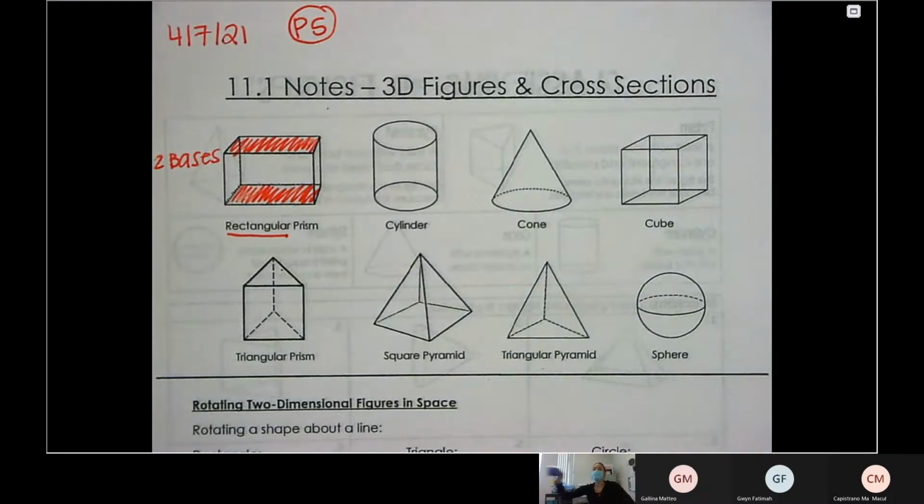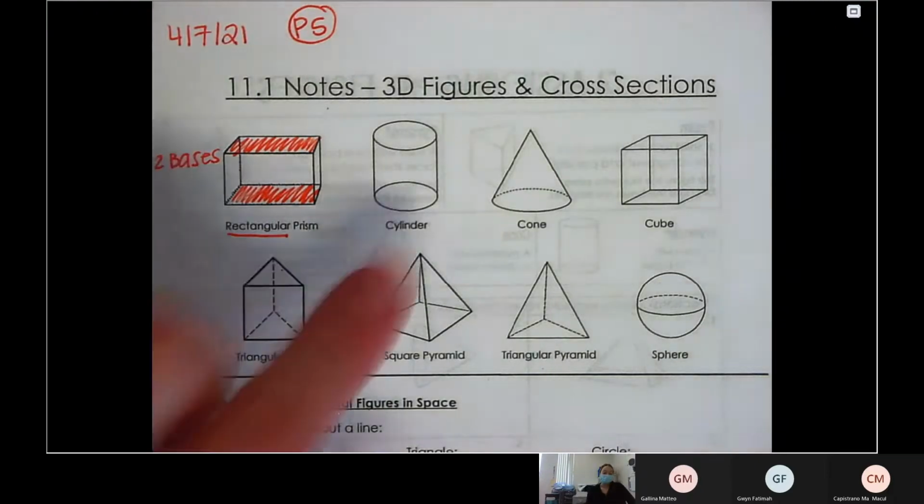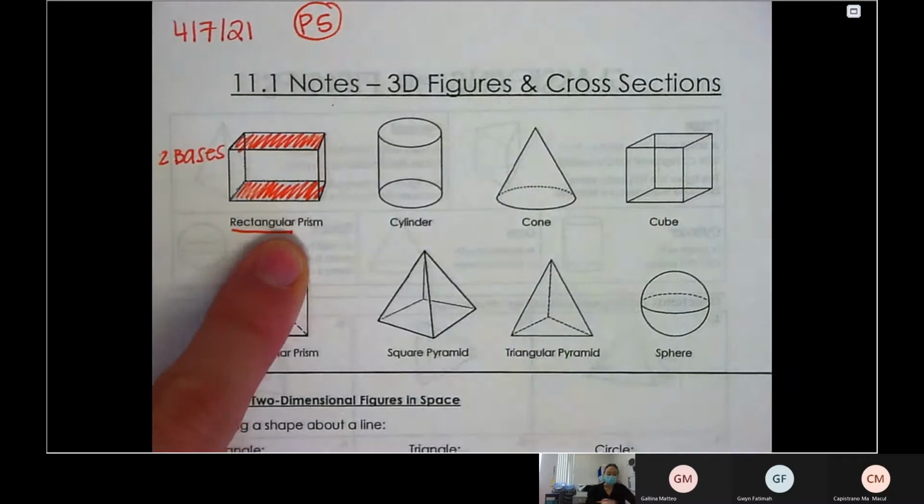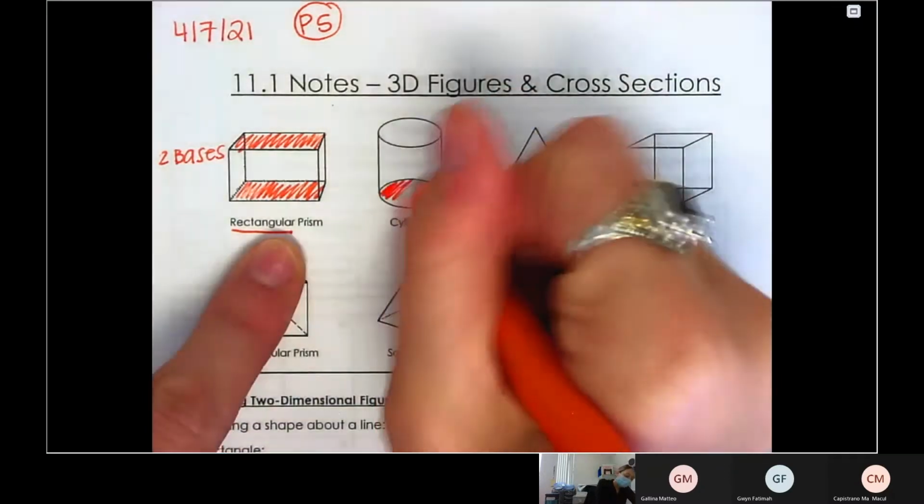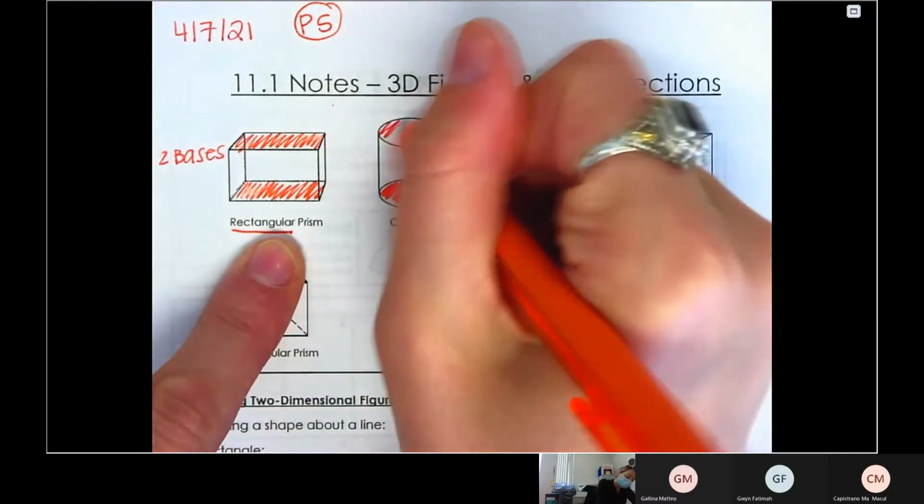Yeah, cylinder looks like this. Here's a cylinder in the real world. Like this. Here's a cylinder. What is the shape that's the base of my cylinder? A circle. Good. So a cylinder is a type of prism that has a base that is a circle.